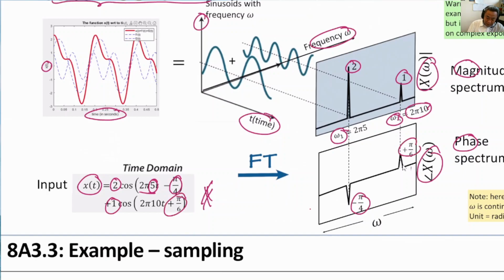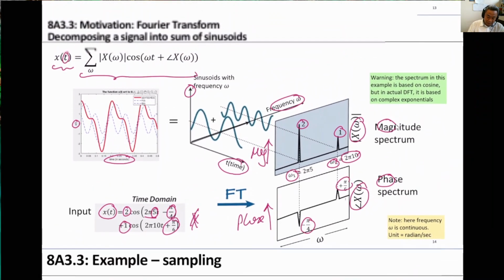So you'll realize that in the phase spectrum, the horizontal axis is frequency and the vertical axis is phase, and in the magnitude spectrum, the horizontal axis is frequency and the vertical axis is the magnitude of the cosine at that particular frequency.